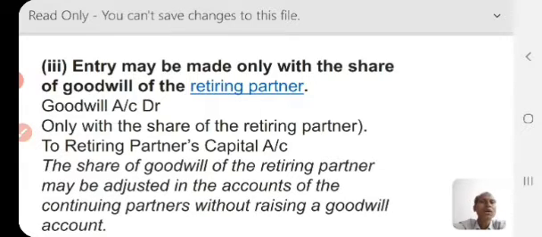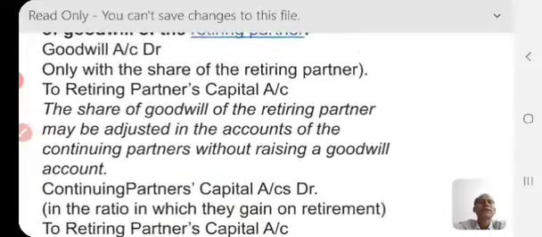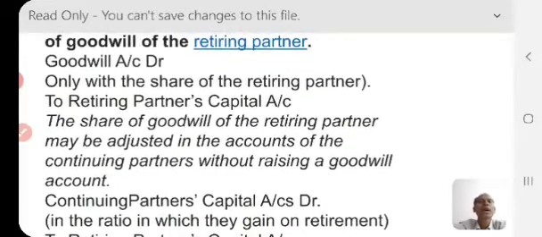The share of goodwill of the retiring partner may be adjusted in the books of the continuing partners without raising a goodwill account.